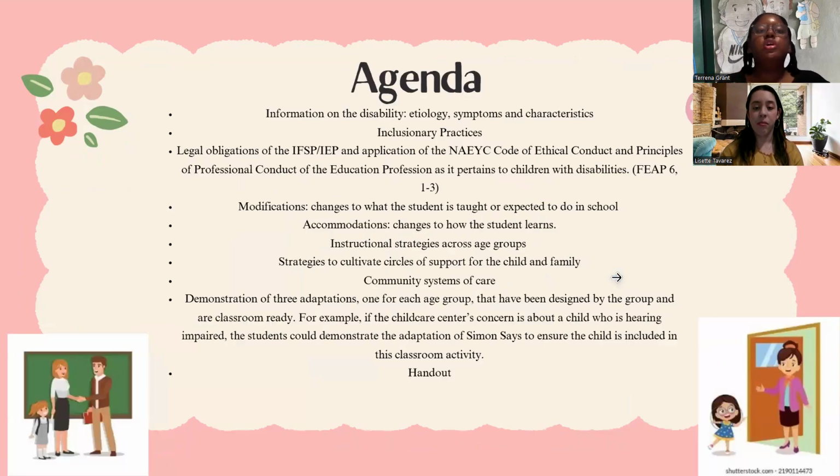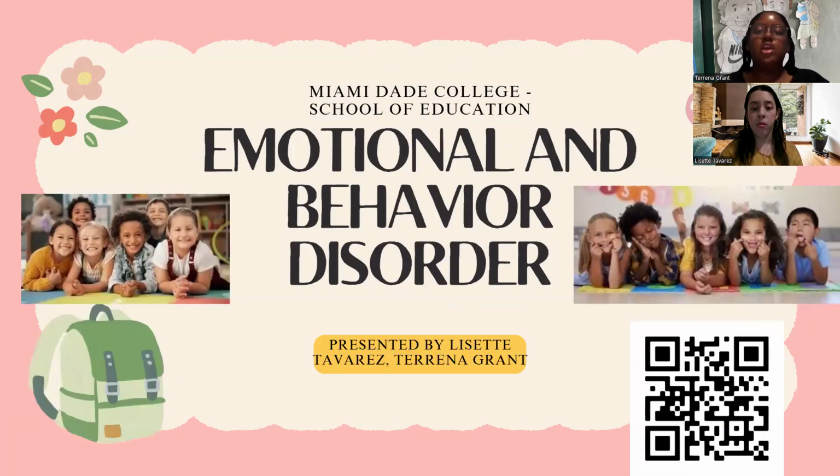For the agenda today, we're going to be talking about the information based on the EBD, like the etiology, symptoms, and characteristics, and also the practices and the different obligations with the NAEYC Code of Ethical Conduct and Principles, and also different modifications and accommodations, and also instructional strategies across age groups, and also the strategies and the community system of care, and demonstration of the three adaptations to be designed by the group and for the classroom to be ready for that certain child to come into the class. And also the handout is in the beginning right here if you guys want to look at it.